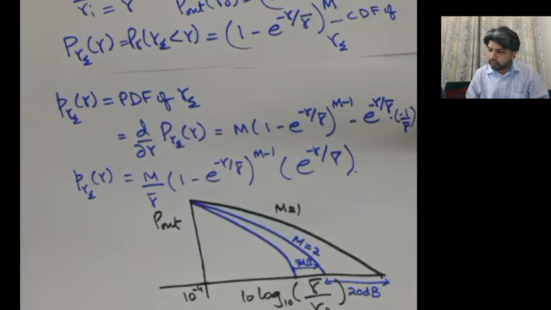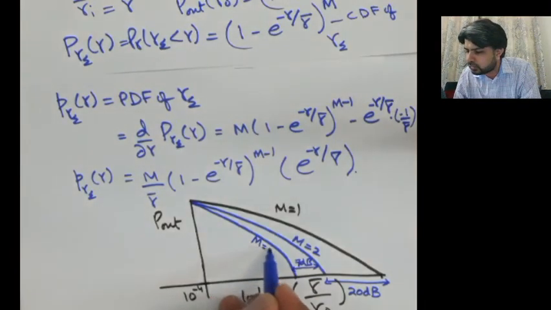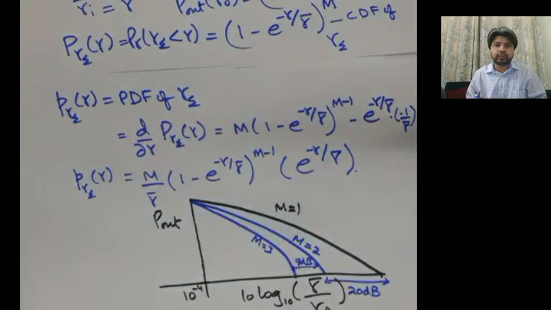This would be m equal to 3. And as you move from m equal to 3 to m equal to 4, you get a further gain of 4 dBs.